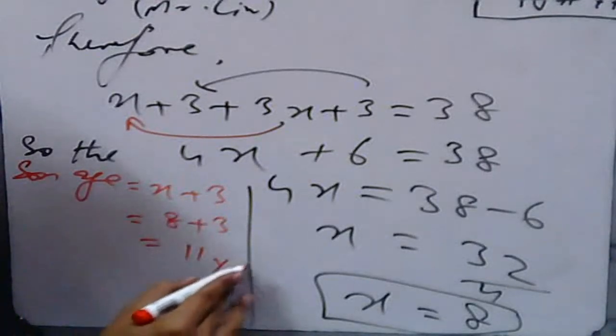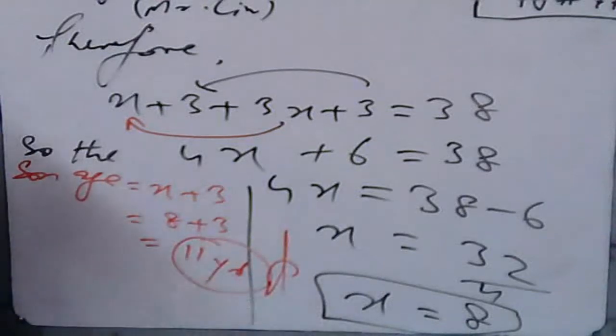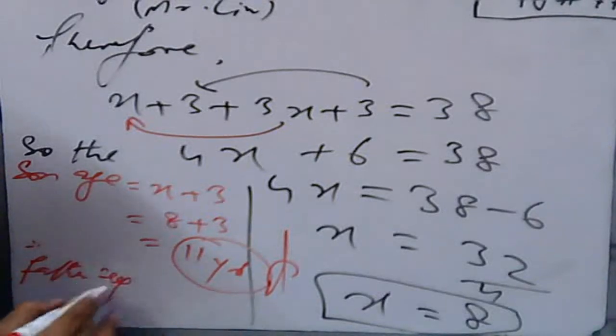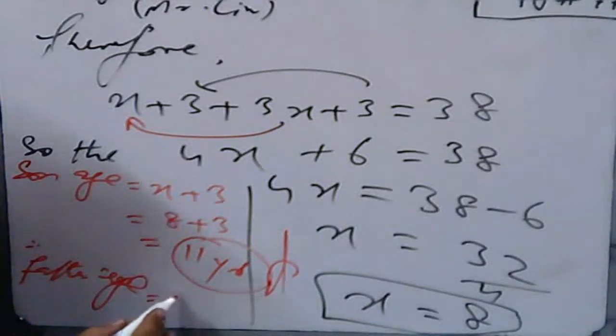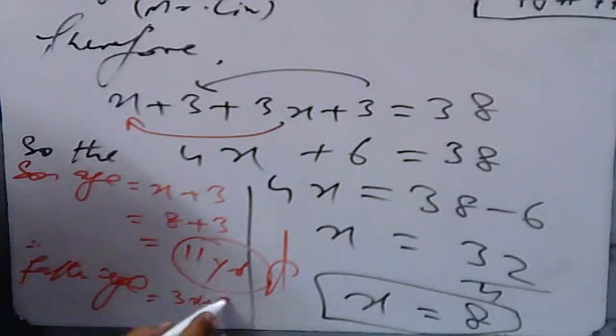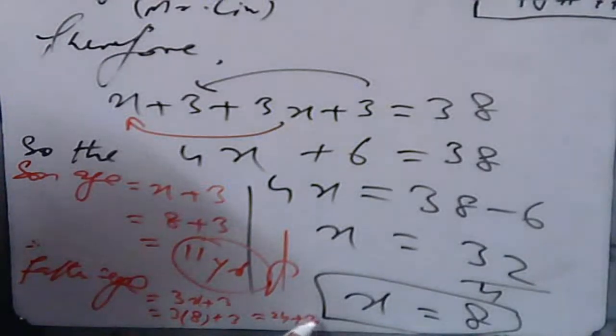So the son's age is 11 years, and therefore the father's age will be equal to 3x plus 3, so you will get 3 into x, x is 8, plus 3. 8 3s are 24, 24 plus 3 is equal to 27, so your result is 27 years old. So that is the age of the father.